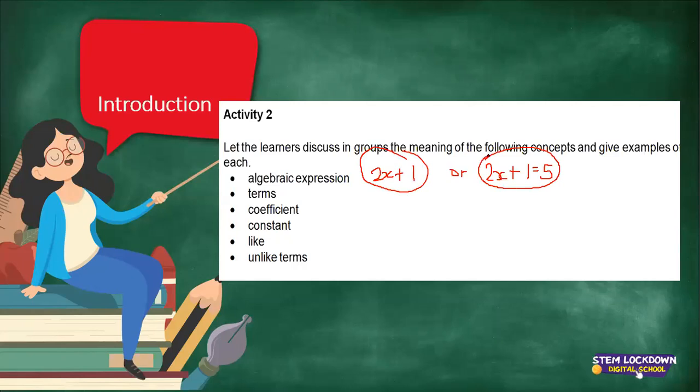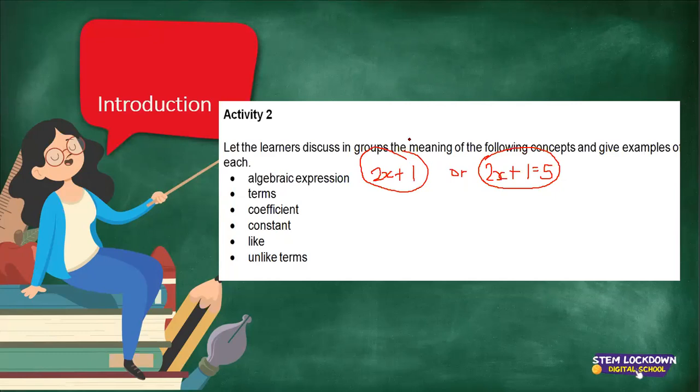I'm still waiting for your answers, learners. You need to tell me. You can either say first or second one. You tell me which is an expression. Okay, excellent, right? I can see a number of learners, Matthew, Hayden, and the rest.